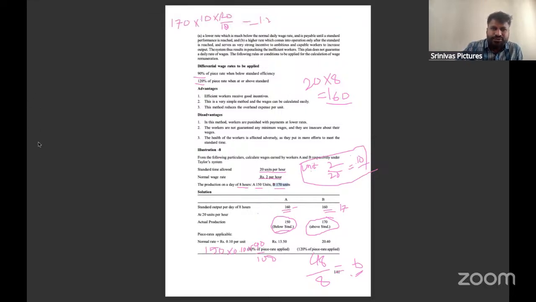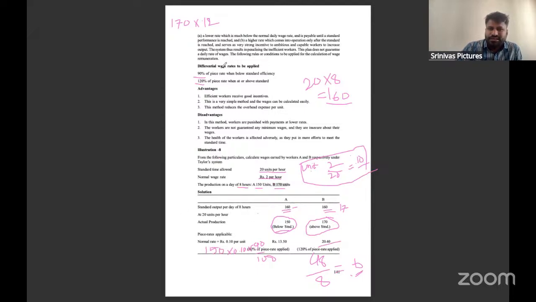Additionally, 2 paisa extra is going to be received. So that 12 paisa, 0.12 paisa, number of units 0.12 into 170 units is equal to 20.40 paise is going to be received.